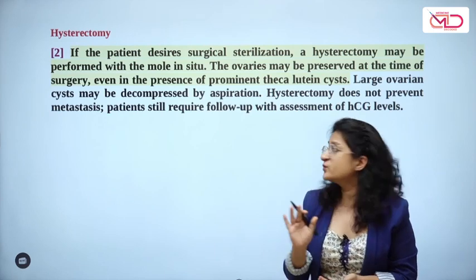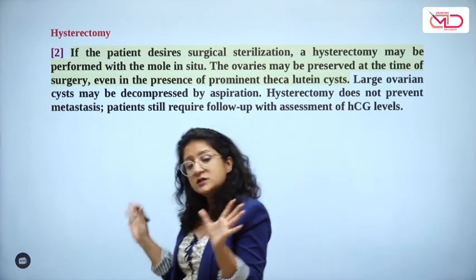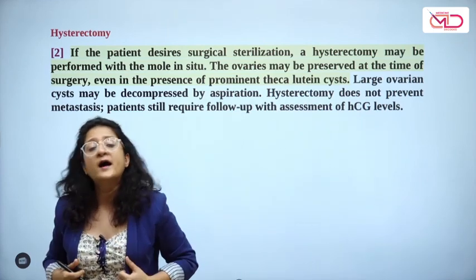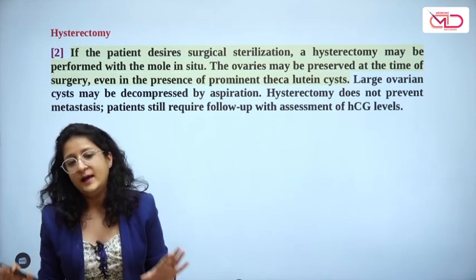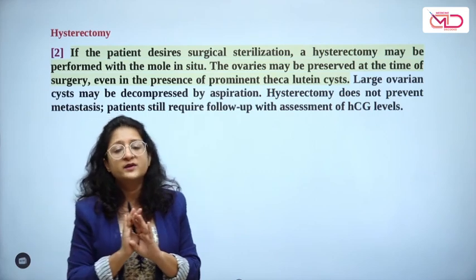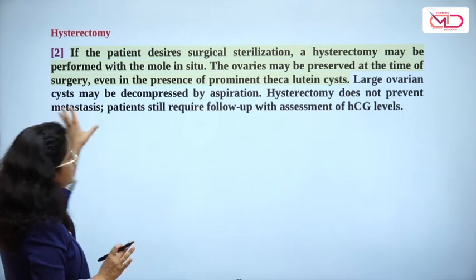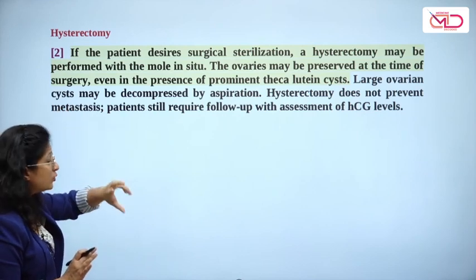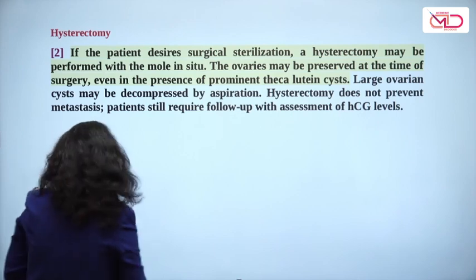So only in case when a woman is prone to being lost to follow-up would I consider that, but it is not routinely justified at all in cases of a benign molar pregnancy. Hysterectomy is not justified routinely at all. It may be performed, but that too not in all cases where women want sterilization, mind you.